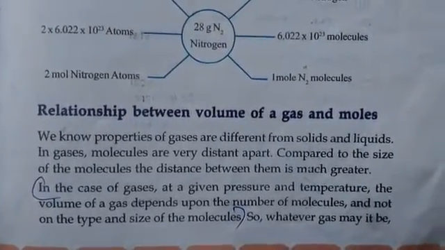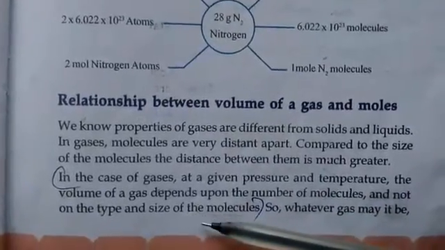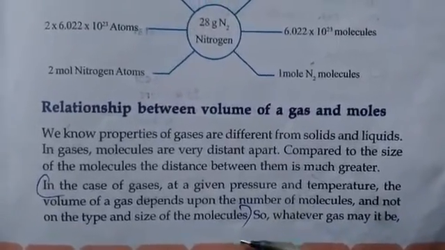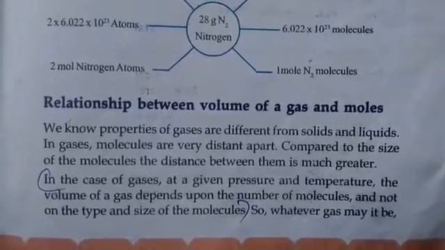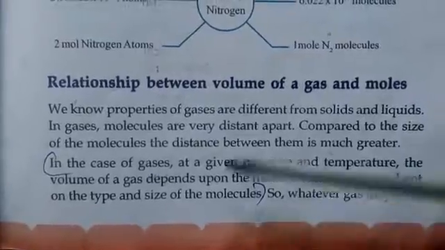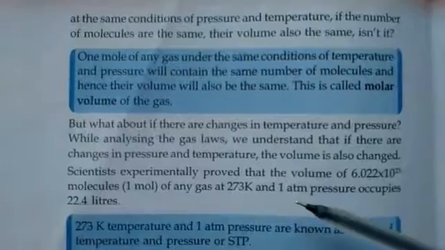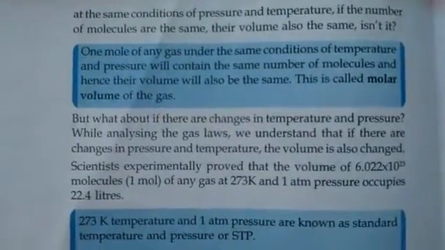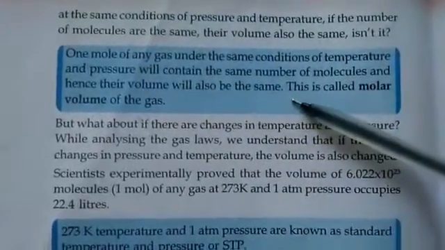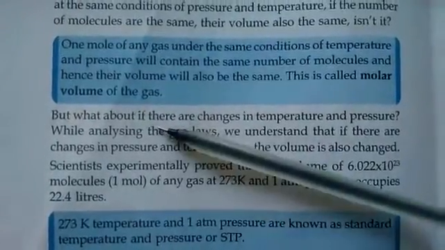That means at a given pressure and temperature, the volume of a gas depends upon the number of molecules and not on the type and the size of the molecules.